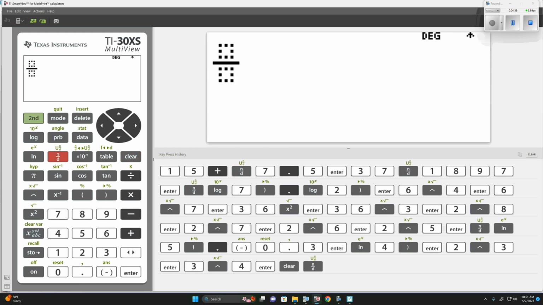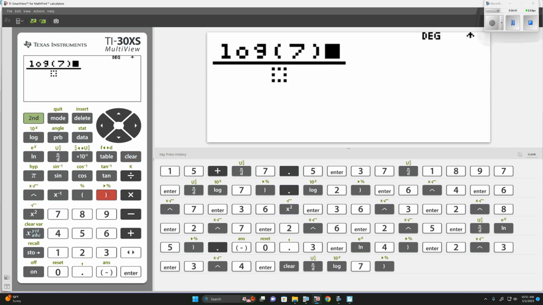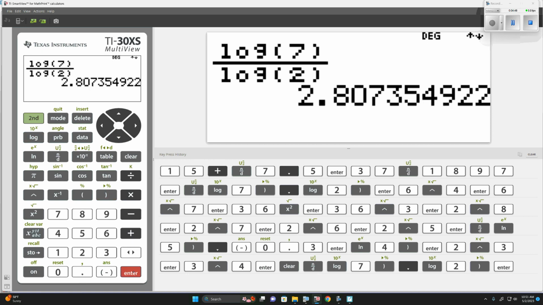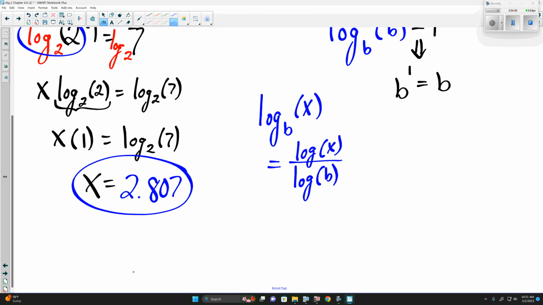So this one here, we can say log of 7 divided by log of 2 is, again, 2.807. So we're able to do it in either one, especially with the change of base formula. Questions on any of this here? We're ready for the next one.